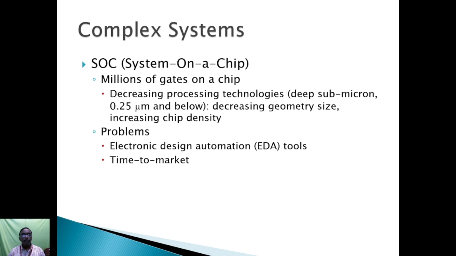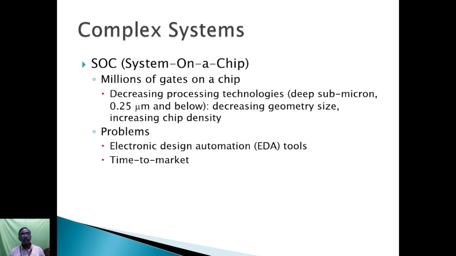Next one is complex systems. SoC is nothing but system on chip, with millions of gates on a chip. Decreasing process technology, that is deep sub-micron, 0.25 micron and below, decreases the geometrical size of the corresponding gate.